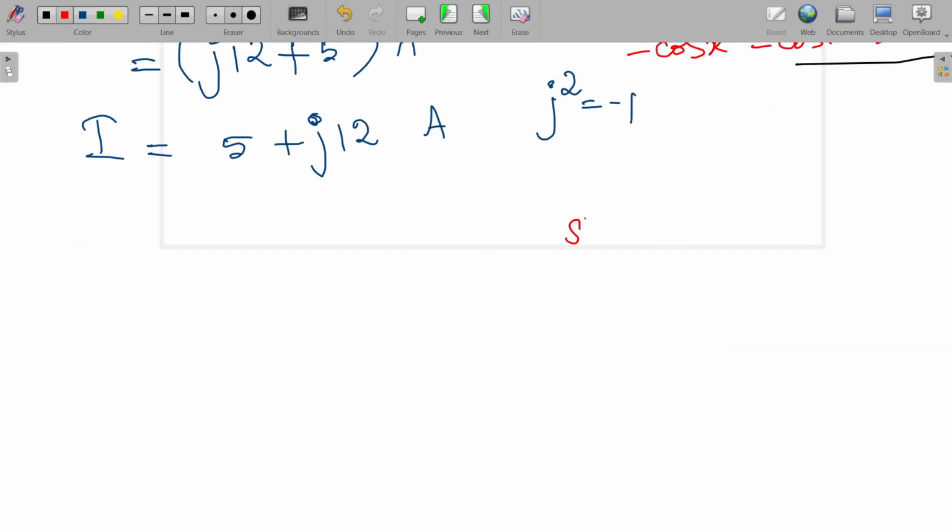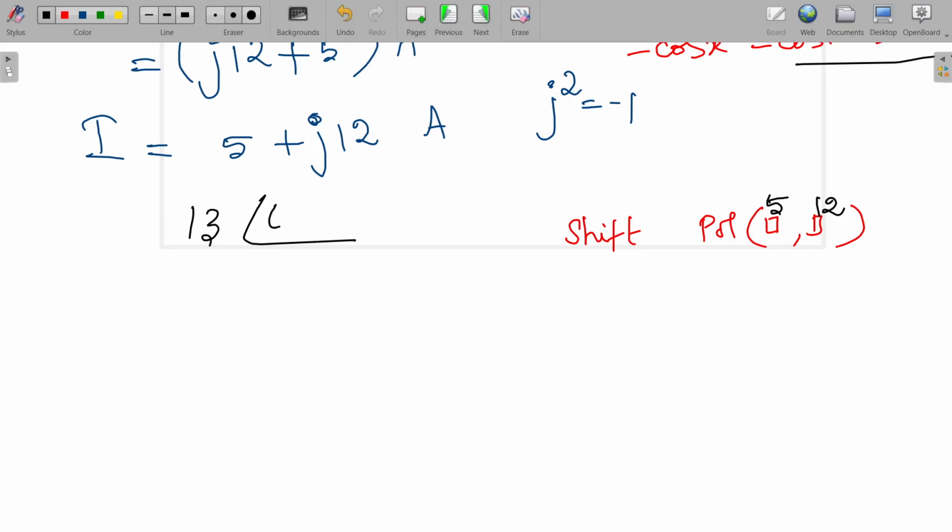In the calculator, if you press shift and then polar, within that bracket you have square brackets. Into these you can put the real part 5, and here you can type the 12. Then you will be getting the answer in polar form as 13 angle 67.38 degrees.